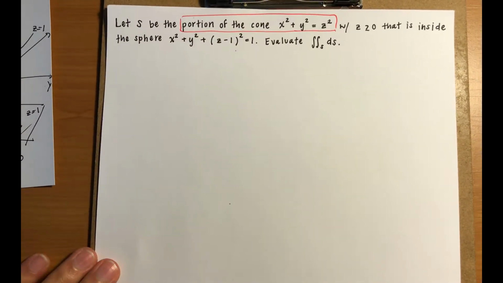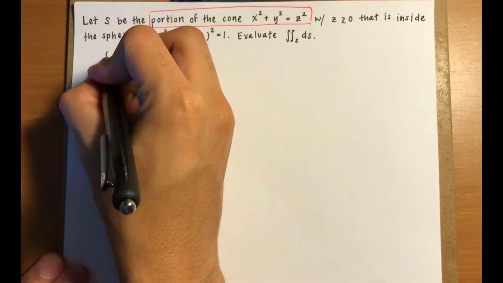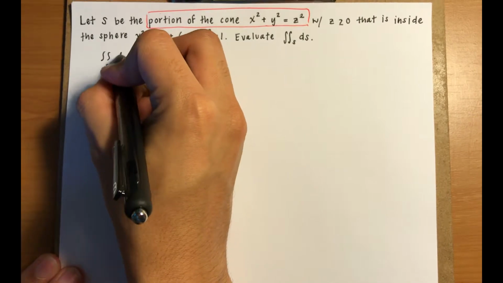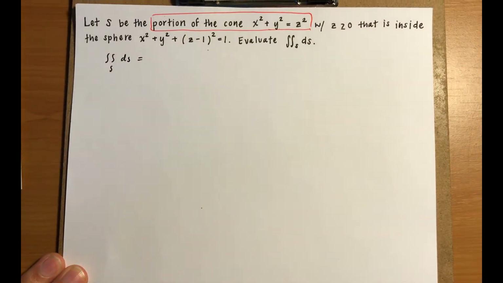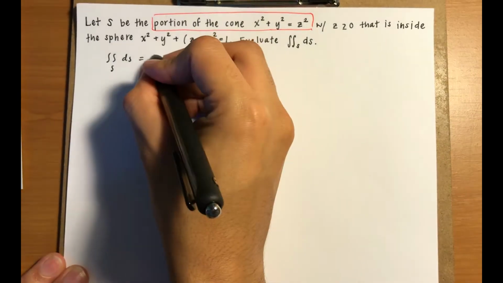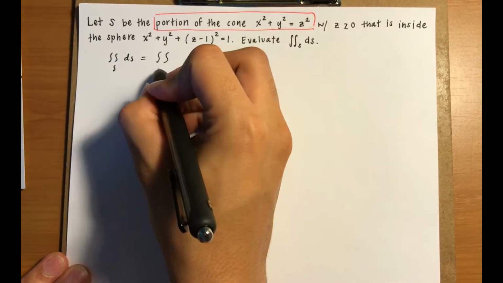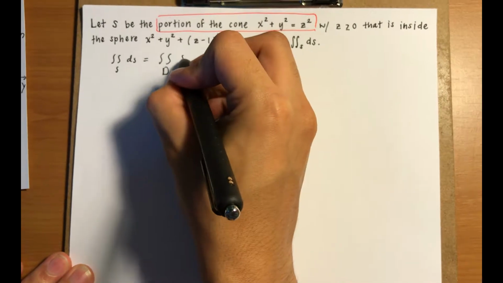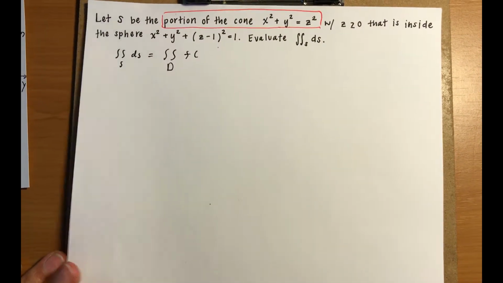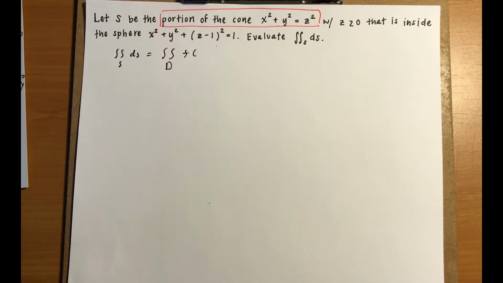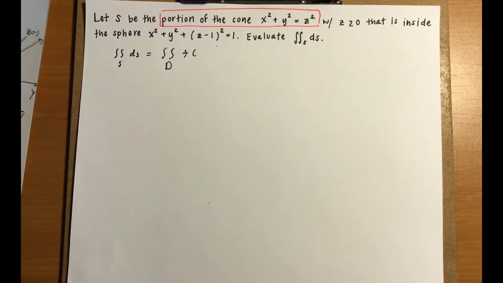They want us to solve a surface integral, dS. So we need to convert this to a double integral with a different parameterization that can be used to integrate this cone.